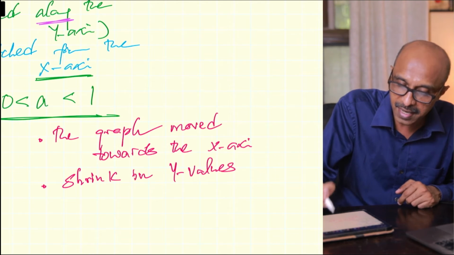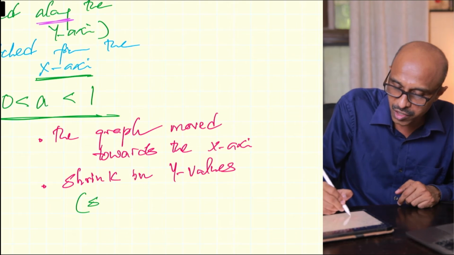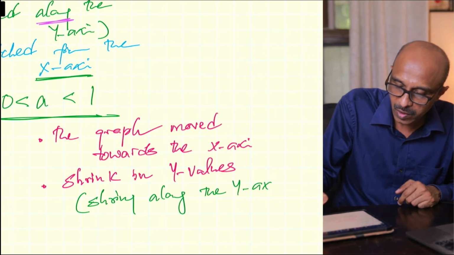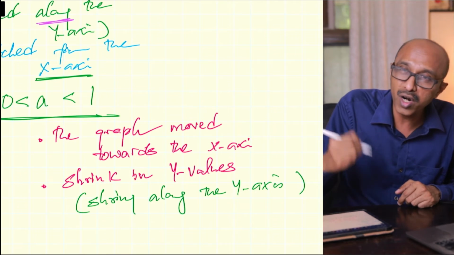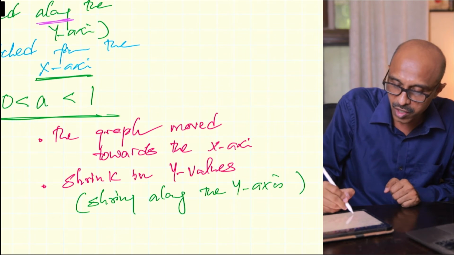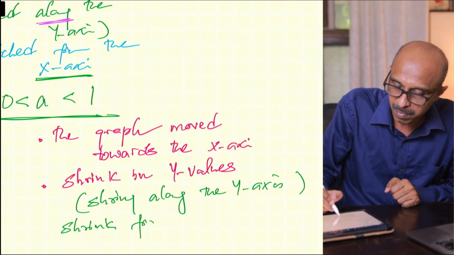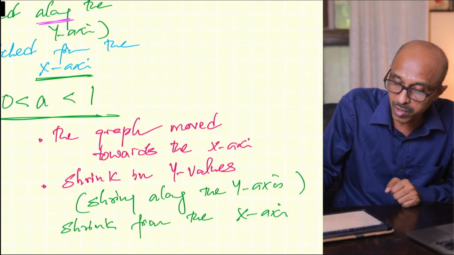And that's like saying that it's a shrink along the y-axis, which is the same thing as shrink or compress. They are compressing or shrinking, or a shrink from the x-axis. Okay, this is what I want you to be careful about.